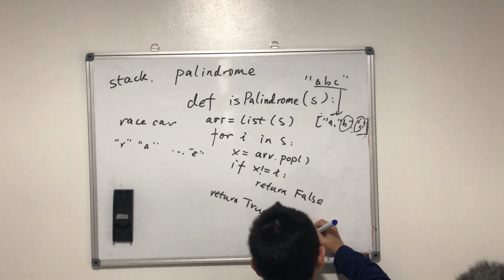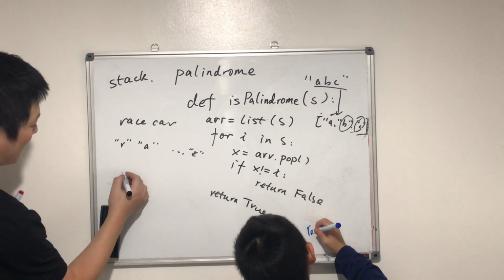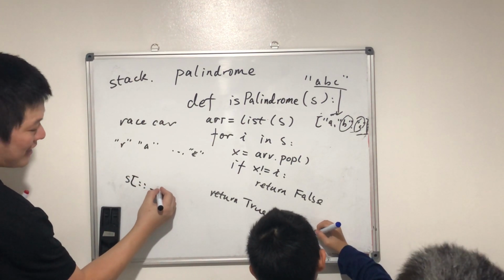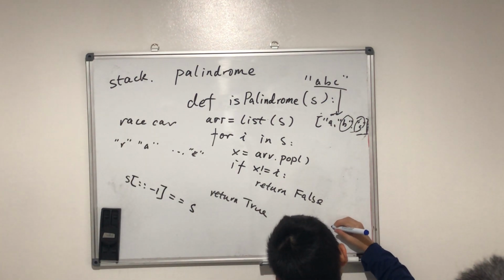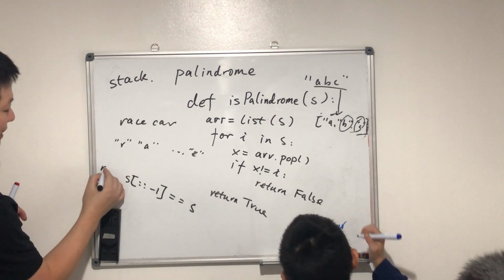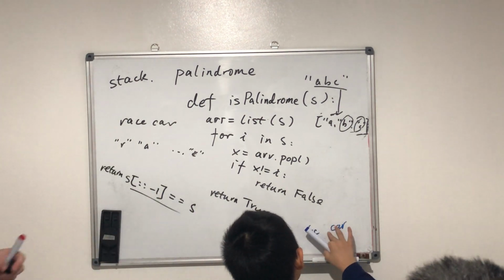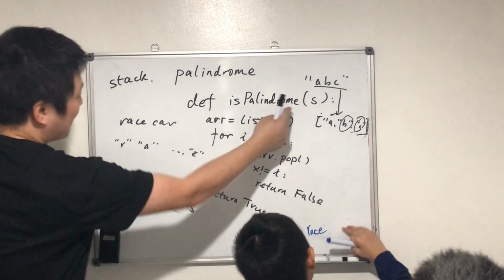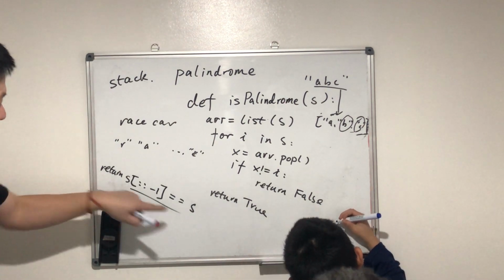Okay. So which way do you like the best? The easiest way will be isPalindrome S. Remember this? You just need one line. Return this. This is the easiest way. You only write that.